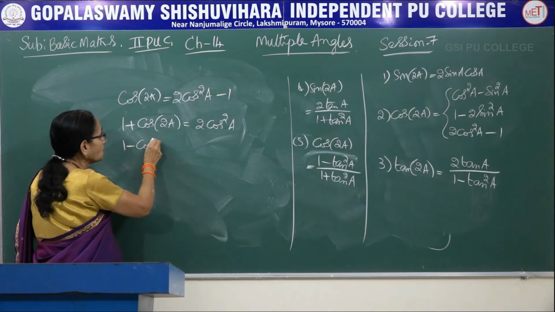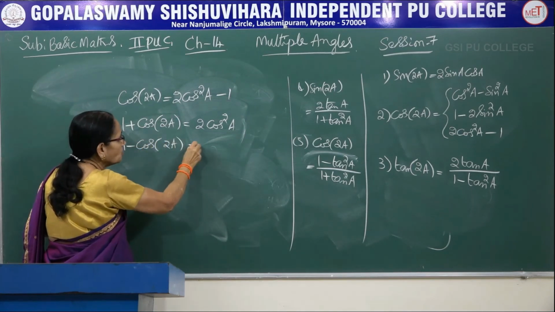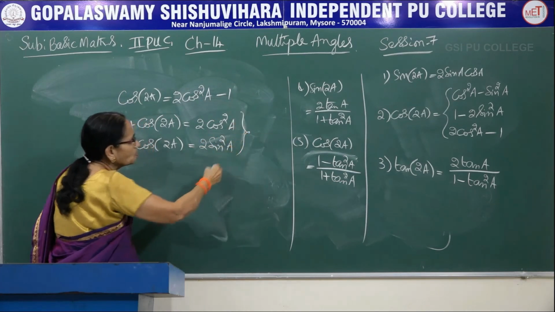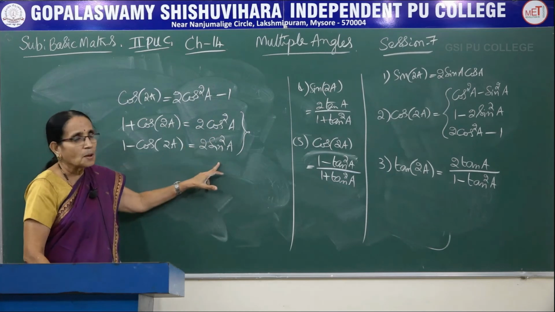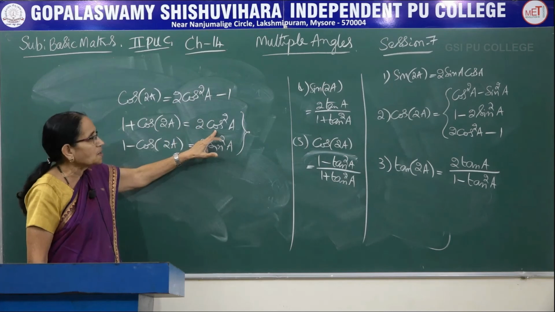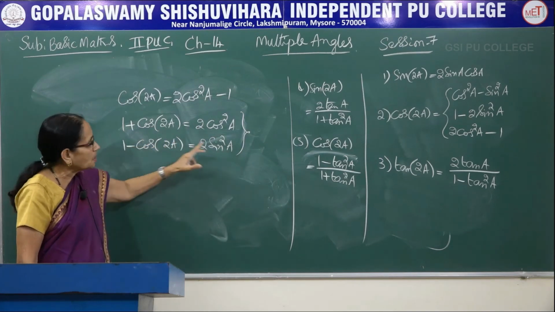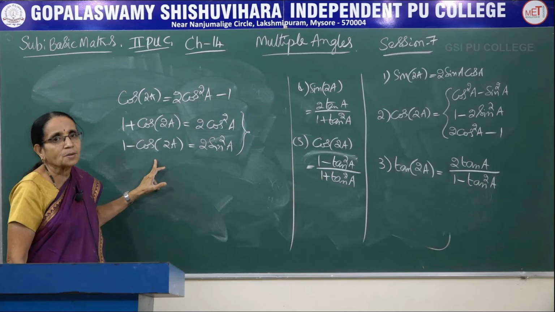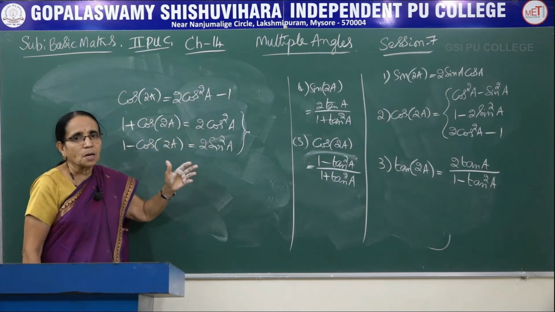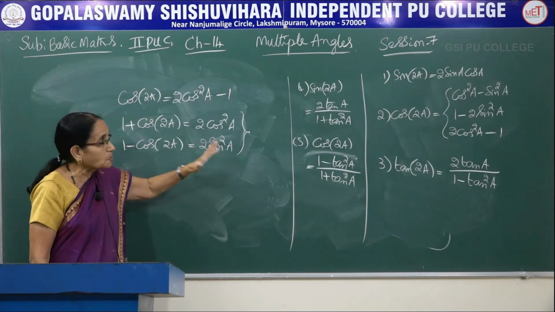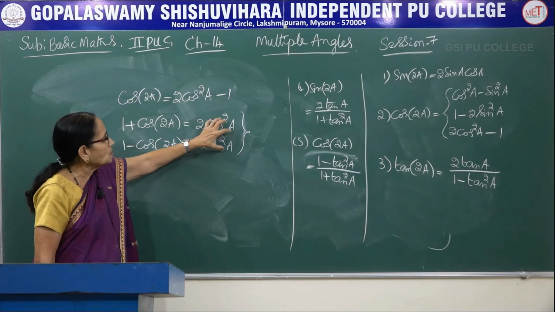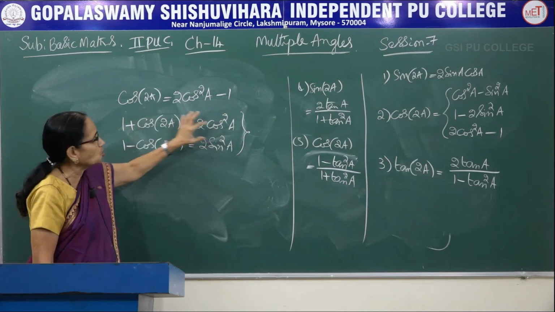Both of them are the same formula written in 2 different ways, because sometimes in problems we come across these 2. Suppose you want to express the power in terms of the multiple angle. If cos square a is there, it becomes 1 plus cos 2a. If sin square a is there, it becomes 1 minus cos of 2a. The formula is the same, only the expression is different, so that whenever you want to convert from one to the other, you can.